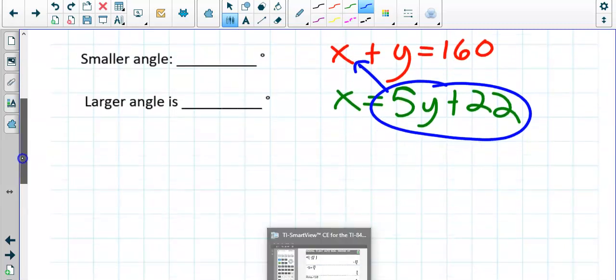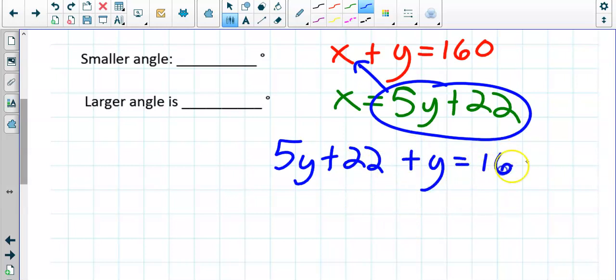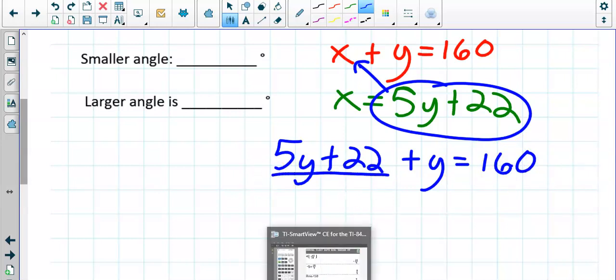So we got 5y plus 22, because that's what x is, plus y equal to 160. Follow me so far? This 5y plus 22, that used to be x, but we replaced it. We substituted it in. We plugged it in. Okay?